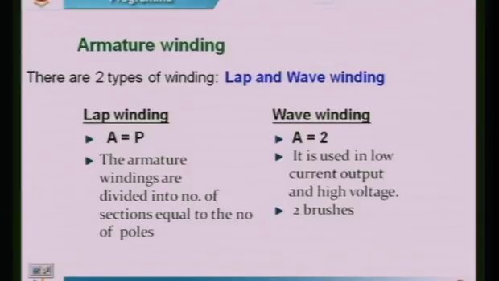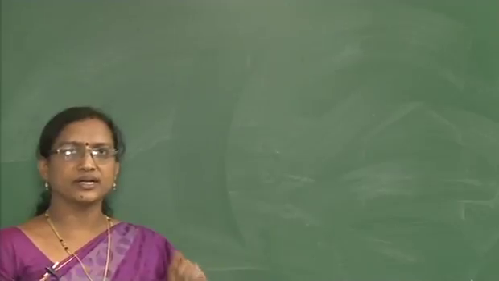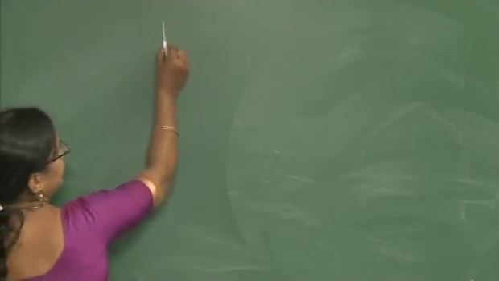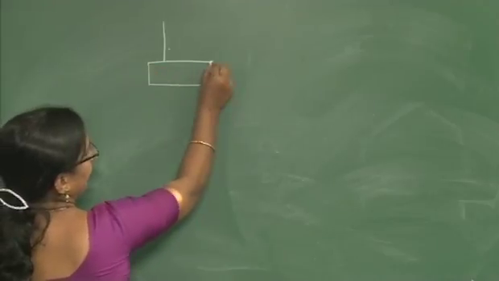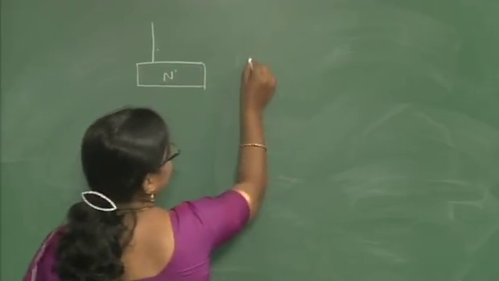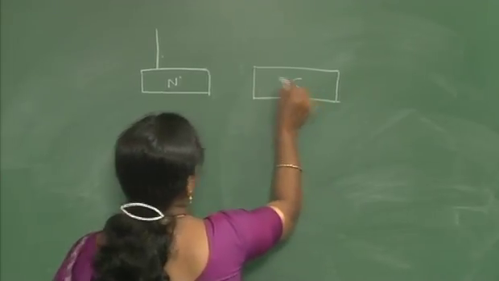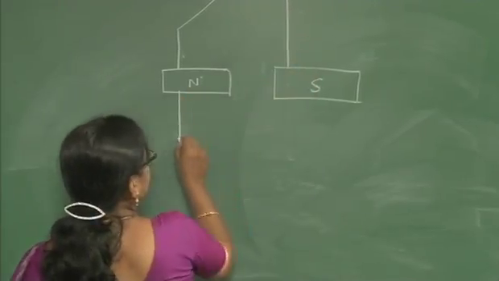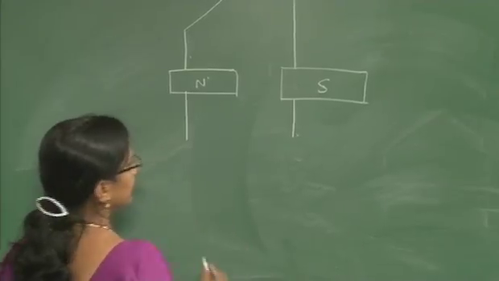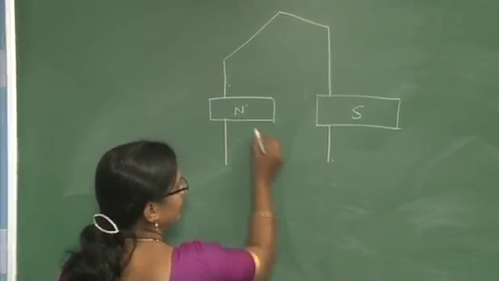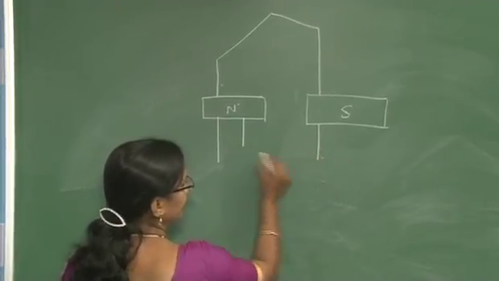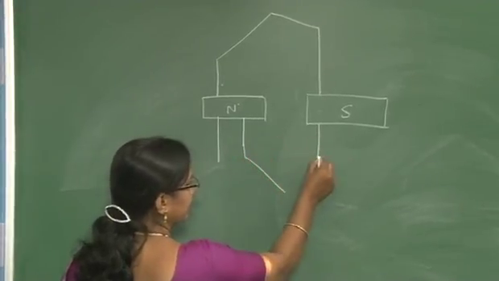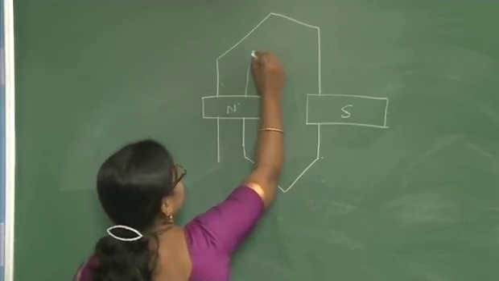So, I already explained how exactly you have to connect the conductor under the influence of north pole to the conductor under the influence of south pole. So, the conductor under the influence of north pole is connected to the conductor under the influence of south pole by using end connections. Here you are going to connect the conductor under the south pole to the conductor under the north pole like this.